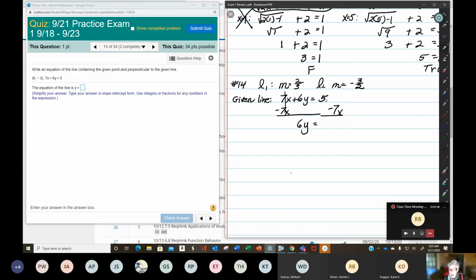Okay, now this is +5. I'm going to put a plus in front of it. +5 plus -7x. So I'm going to reverse the terms because we want to get this in slope-intercept form.